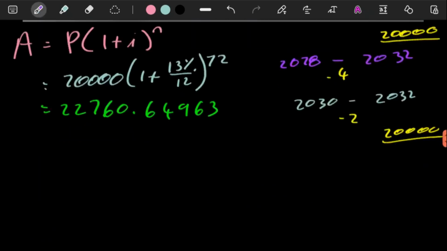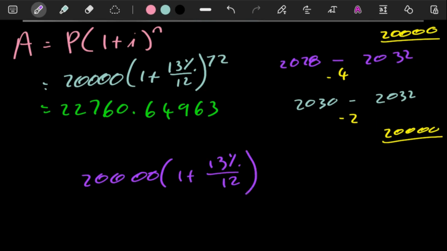For the second 20,000, you have to remember that he forfeited how many years? He forfeited 4 years. So 4 times the 12 would have given him 48 months. This is 48 months of interest that is forfeited.